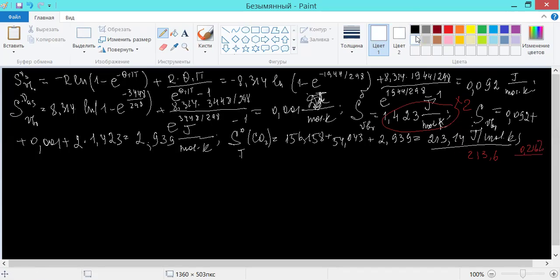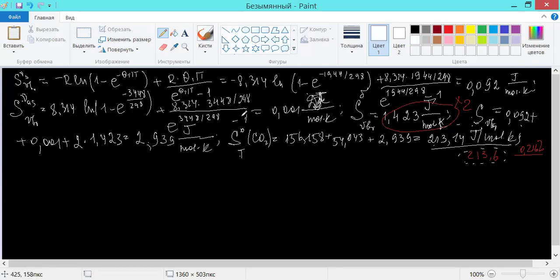This is the value given by thermodynamics, and this one is what statistical thermodynamics gives us, which again proves that we have two approaches to the study of a thermodynamic system: the thermodynamic one, or the molecular kinetic one, in other words, the statistical thermodynamic approach.